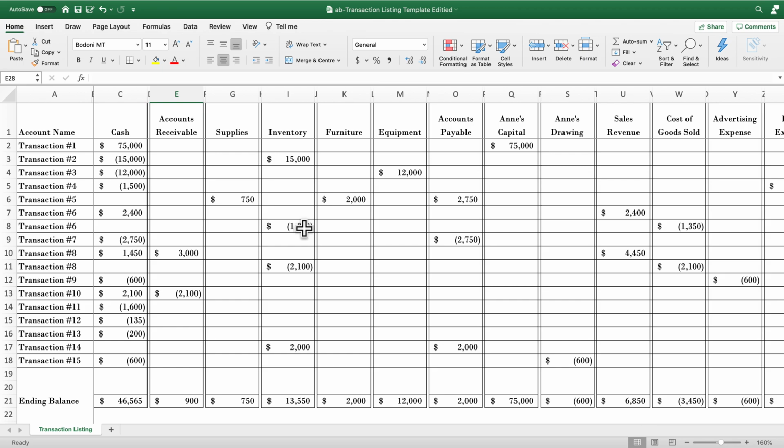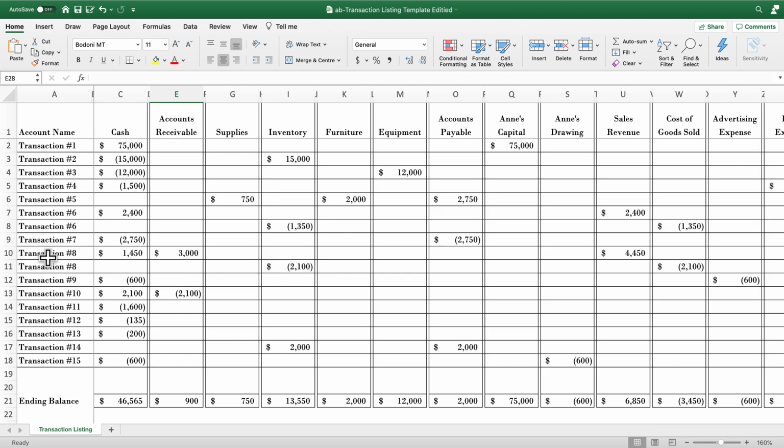Alright, so our cost of goods sold is our debit because it's an expense. So it's $1,350, and our credit is the inventory leaving the organization, right? The $1,350 that left the organization.